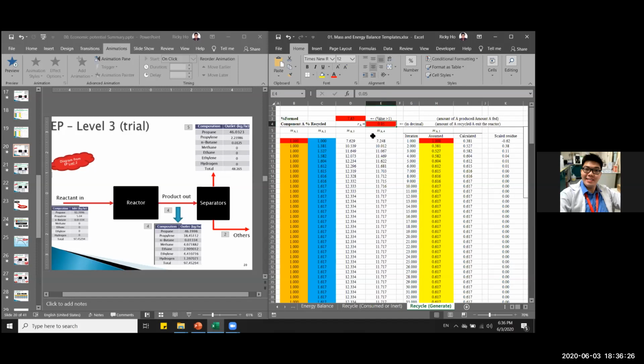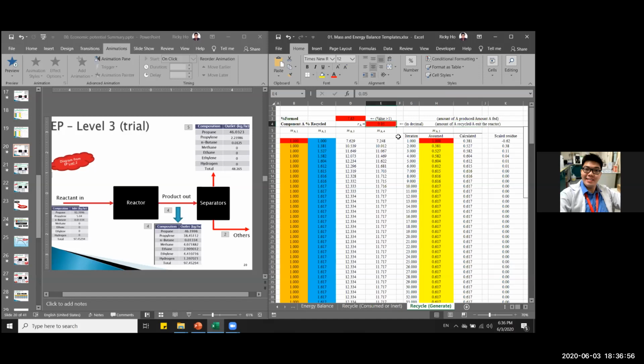How much percentage of it is recycled? As what we did earlier, it is the amount of propylene recycled over the amount of propylene exiting the reactor. So the amount of propylene recycled based on the PowerPoint is 2.21986 divided by propylene exiting the reactor, 38.45112.